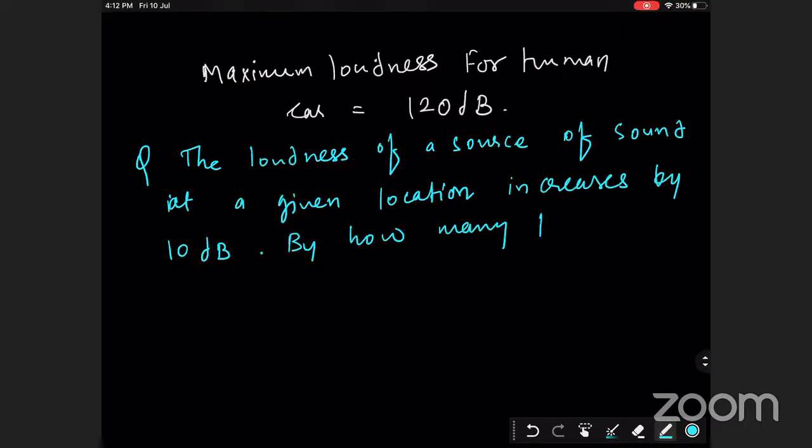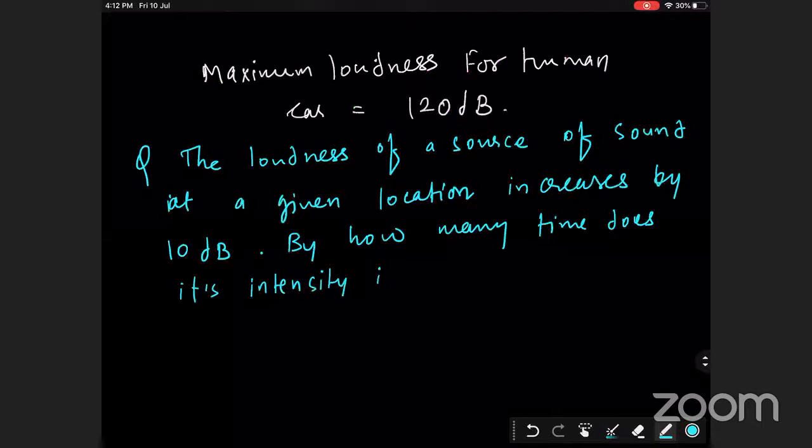By how many times does its intensity increase? HC वर्ग में बढ़िया क्वेश्चन है, 10 times. हम्म? By how many times intensity is increasing?